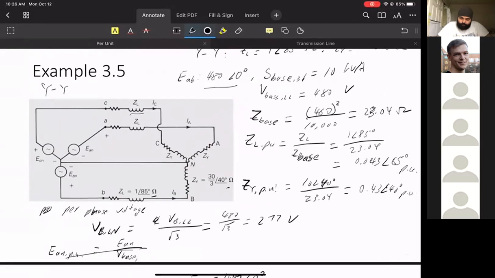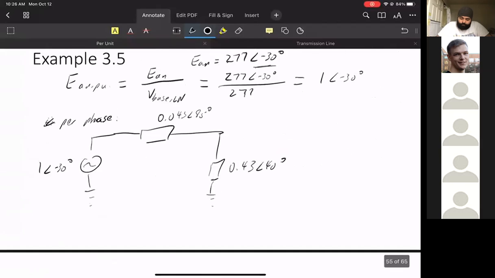So this circuit is equivalent to 3 of these. This is the per phase per unit. Okay, that makes sense now. Yes, there are 3 of these, but they're exactly the same. I see. All right, thank you.